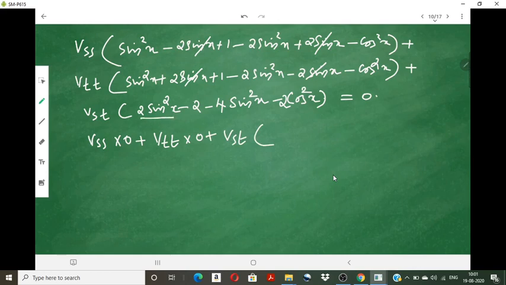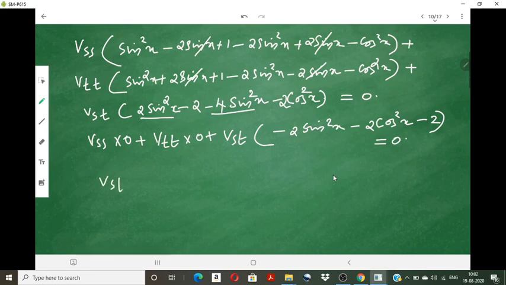Here 2 sin square x is there, minus 4 sin square x. So minus 2 sin square x will come, and minus 2 cos square x will come. Then minus 2 is there, is equal to 0 we will get.